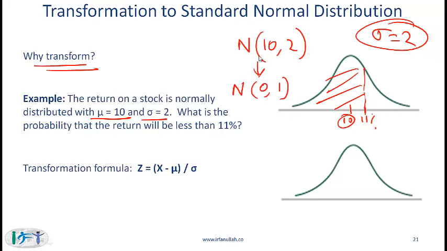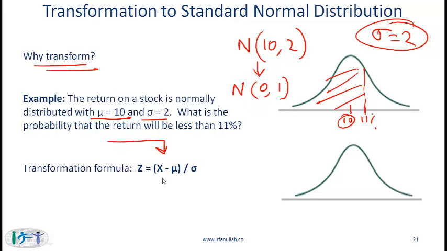The normal distribution with mean 10 and standard deviation 2 needs to be transformed into a normal distribution with mean 0 and standard deviation 1. Once we've done this transformation, then we can simply read probabilities off the table.